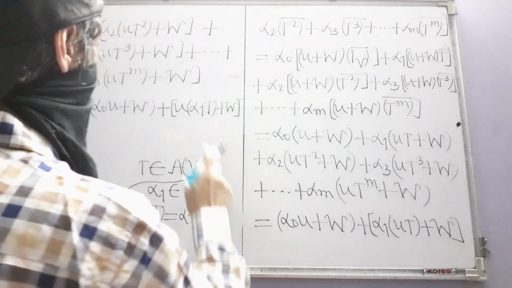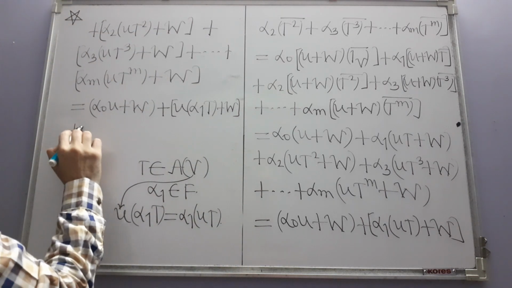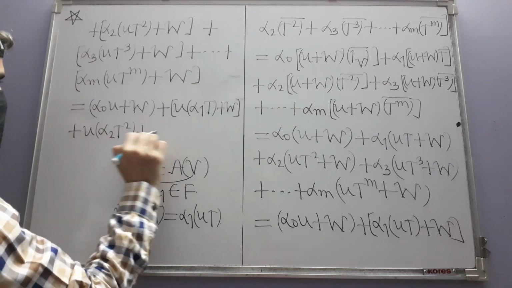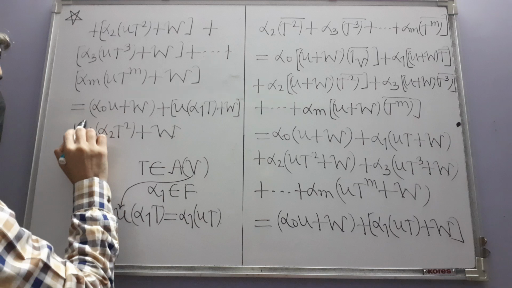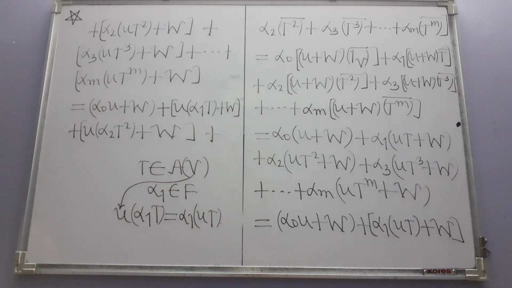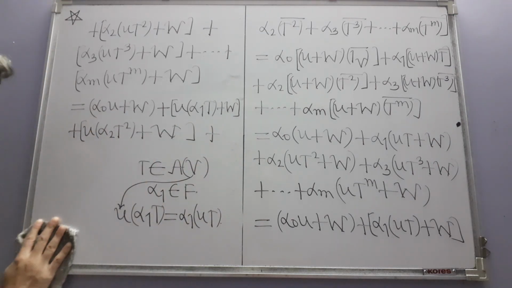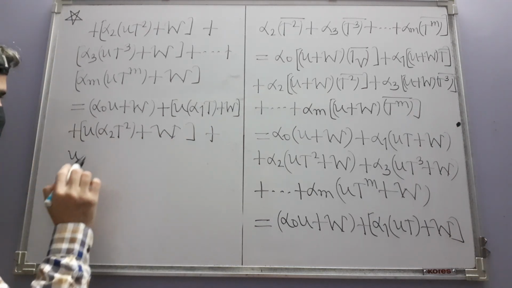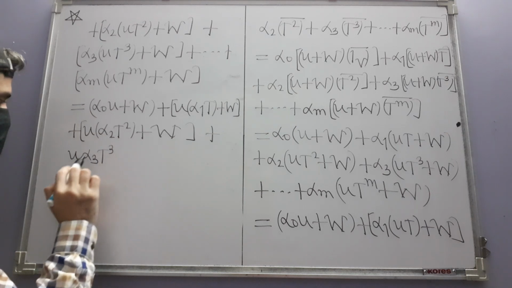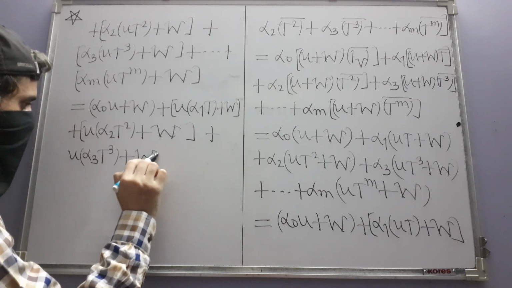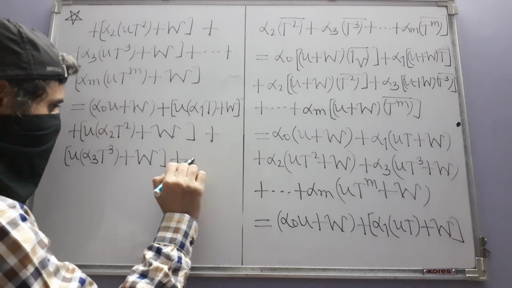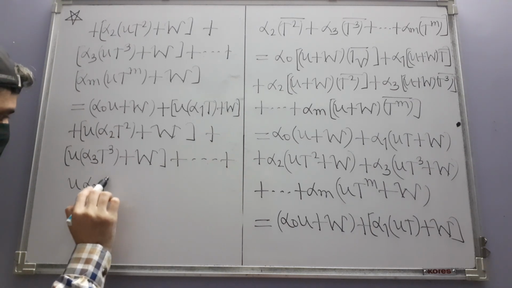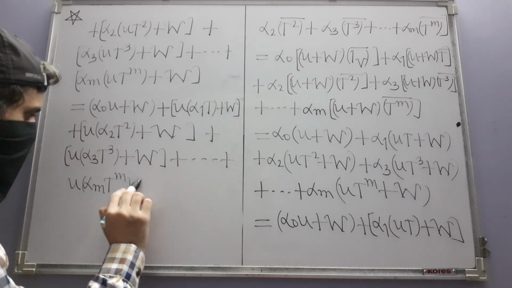Plus, the next term is here of course. So similarly, this is u alpha 2 t square plus w plus u alpha 3 t cube plus w plus, and finally you have u alpha m t to the power m plus w.